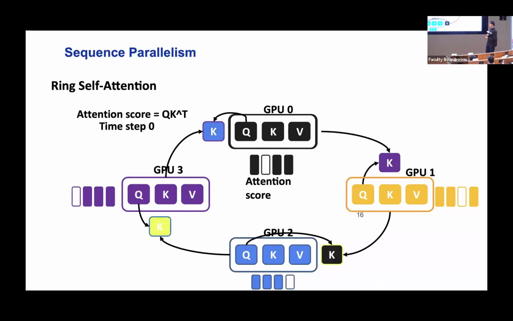Then the same thing: send keys to the right neighbor, get new keys from the left neighbor. You see here, there is no bandwidth contention. At every step, every GPU is sending some data and receiving some data, and they can finish the computation concurrently at the same time.